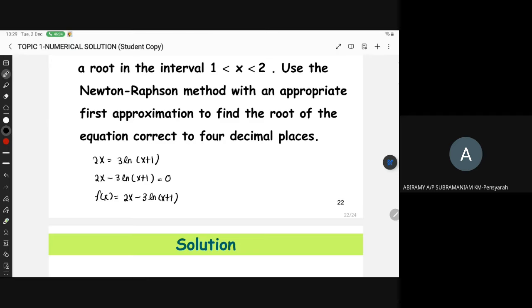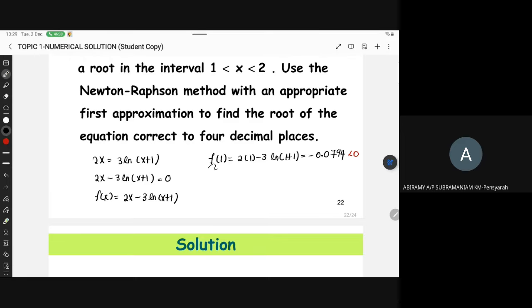Okay, so we need to show that there is a root in the interval 1 until 2. Let's start with f(1). What is f(1)? 2 times 1 minus 3 ln 1 plus 1. By using calculator, we will be getting negative 0.0794, which is less than 0.